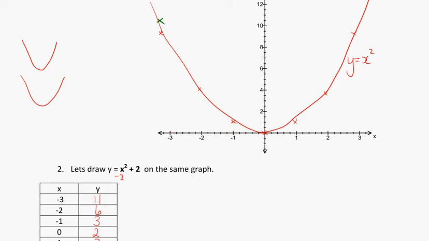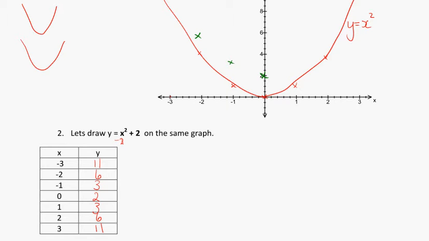Negative 2, 6. Negative 1, 3. 0, 2. And the next one is 1, 3.